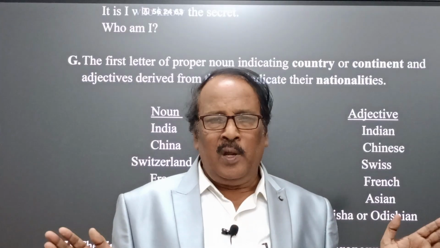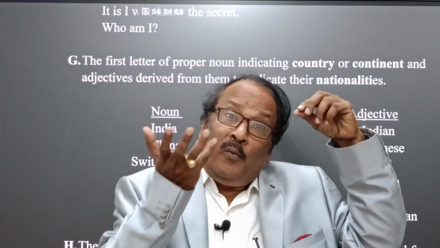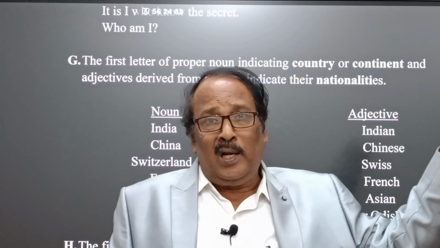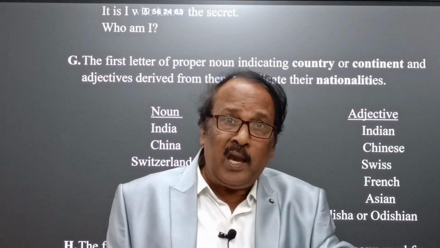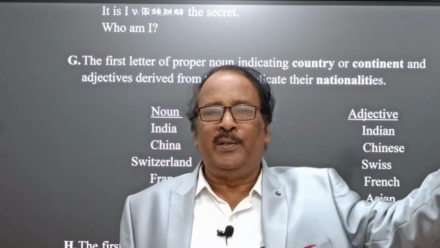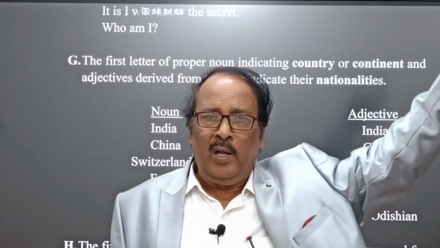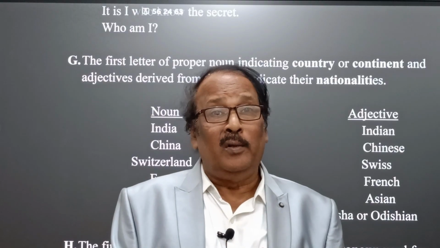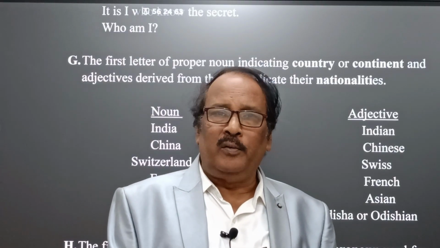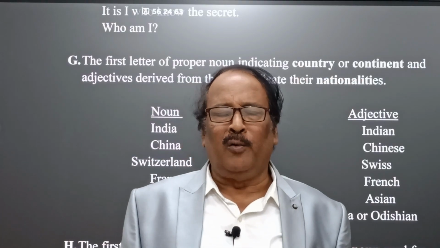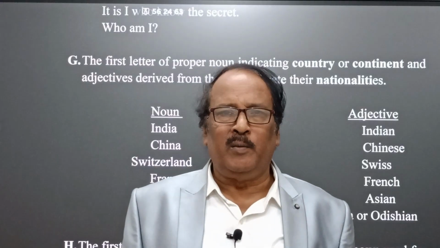This is very common, and therefore we should be careful. Whenever we derive any adjective indicating nationality or resident of any area, it may be any state, nation, or continent, we have to be careful that any adjective we derive from the proper noun also has its first letter capital.